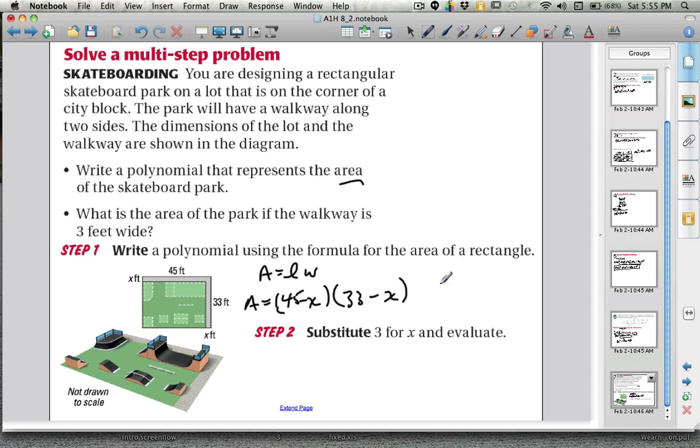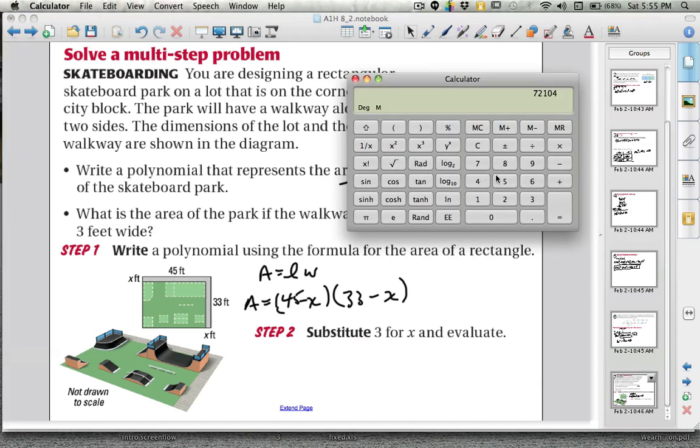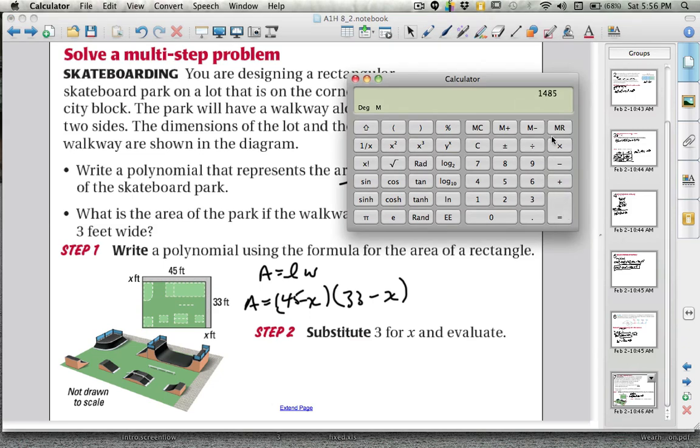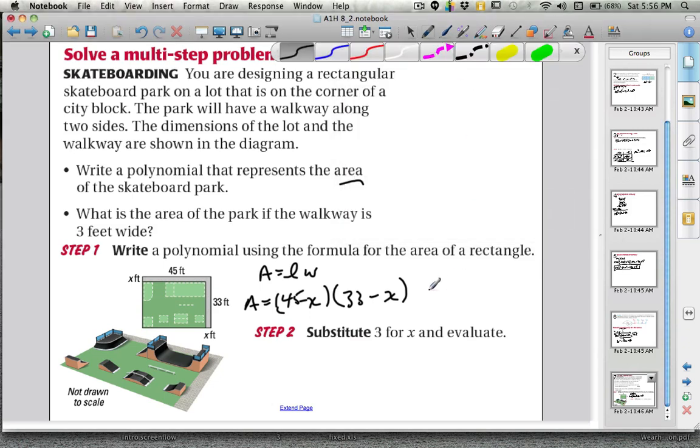And if I multiply this all out, I know I'm going to have 45 times 33, which is 1485. So I'm going to have 1485. And then I'm going to have 45 times negative x, that's negative 45x. And 33 times negative x, that's negative 33x.